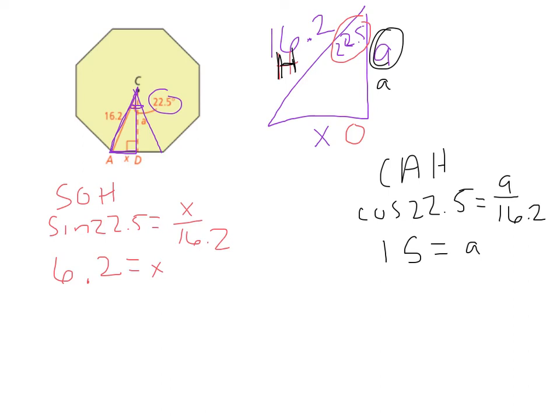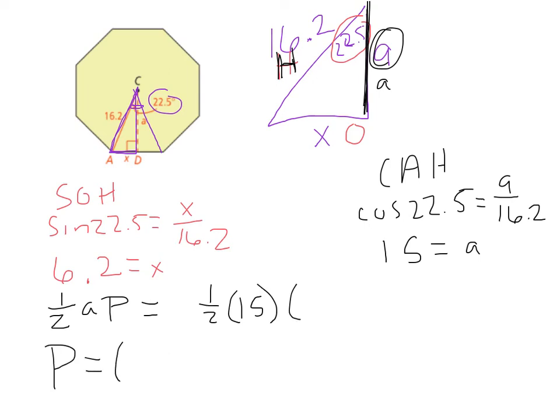Now I have everything that I need, but this is where you have to be very careful to figure out what your area is. Because my area is 1/2 times a times p. So my apothem here is this length, which we found to be 15. This is where you have to be careful with the perimeter. Perimeter is going to be my side length times 8, because I have 8 sides here.